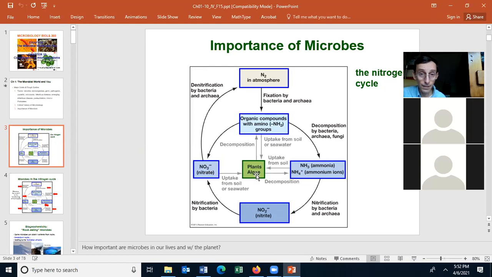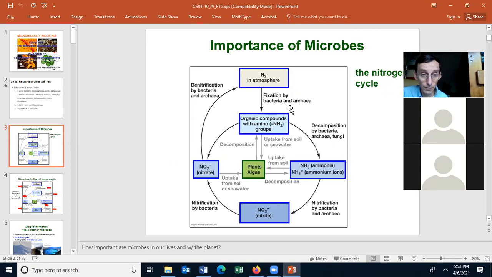And then they'll take this nitrogen and make it into an organic compound, which most of it will once again decompose by bacteria, archaea, and fungi into ammonium and ammonia. Okay? And then the nitrates can be denitrified by bacteria and archaea and converted into nitrogen, making a cycle of nitrogen moving around in the planet. And that's the nitrogen cycle.